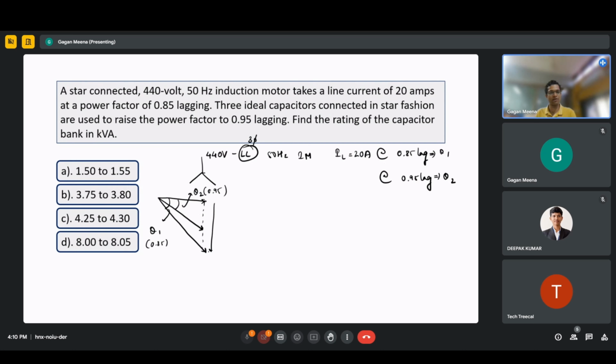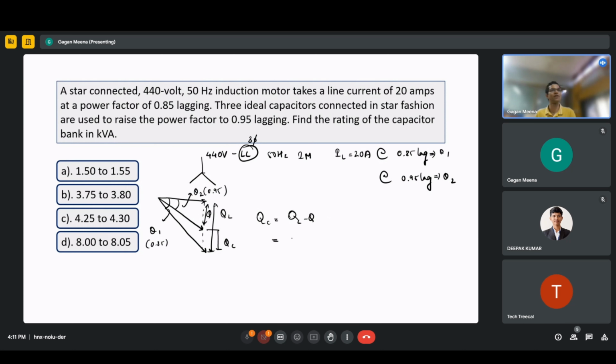And this is QL, and this is Q. So this is QC. So QC will be QL minus Q, right? QC is QL minus Q.